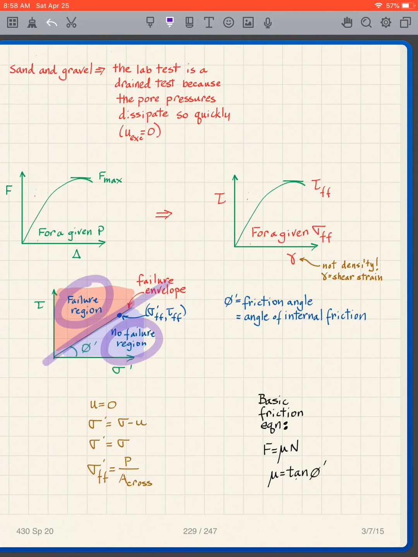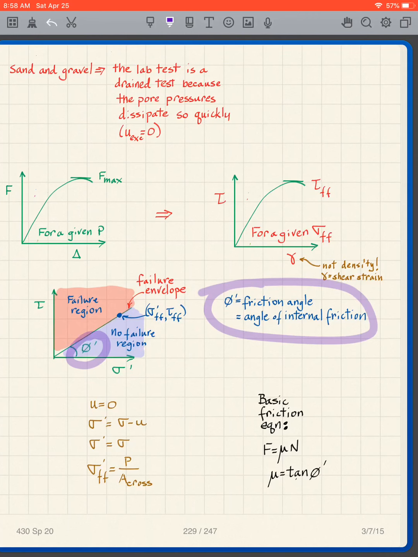So in the field, in situ, I can look at the stresses that I create and plot them on this particular plot, and I can determine whether or not I get failure. If I'm below the envelope, I have no failure. If I'm above the envelope, I get failure. And we use the symbol phi prime, the friction angle, or the angle of internal friction, that defines the failure envelope.